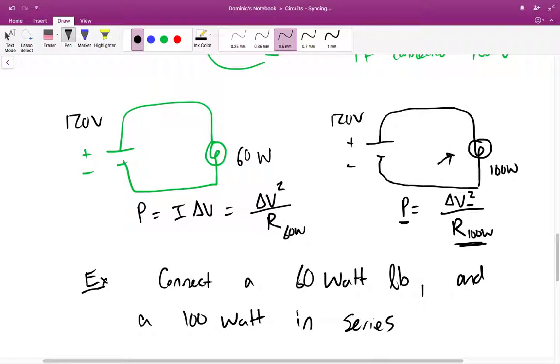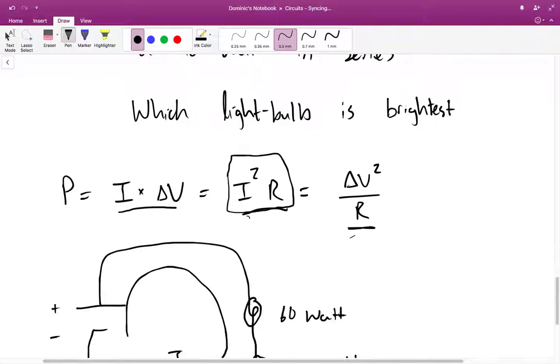So what we're going to conclude here is that, no matter what, the resistance of a 100-watt light bulb is going to be less than the resistance of a 60-watt light bulb.